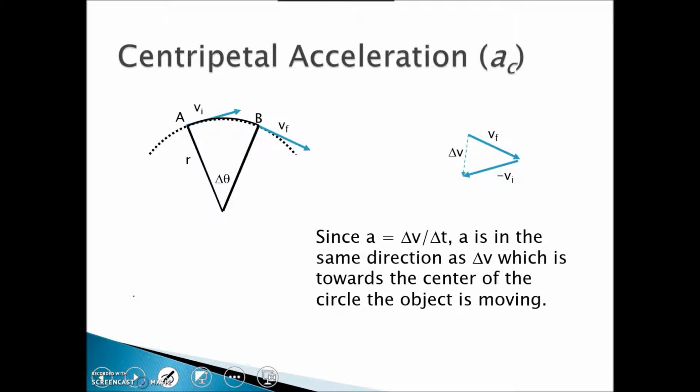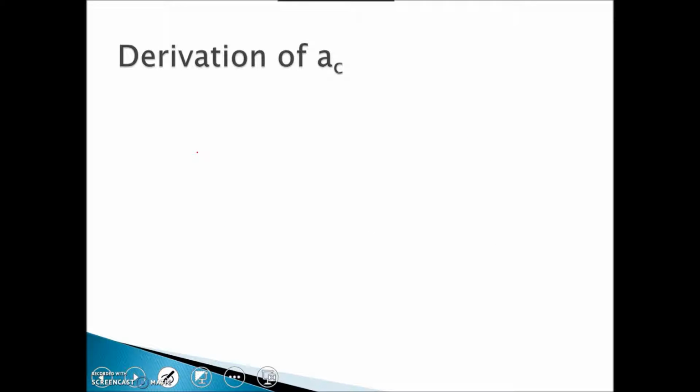If we look at the arc length from A to B, it's through some angle, which I call delta theta. This angle and the arc length are how we are able to derive the centripetal acceleration expression, which I want to take a quick look at. It's kind of a neat derivation.